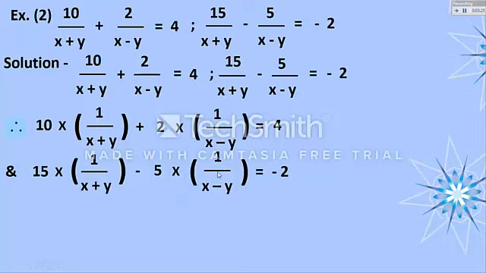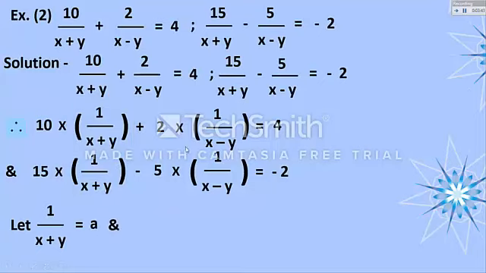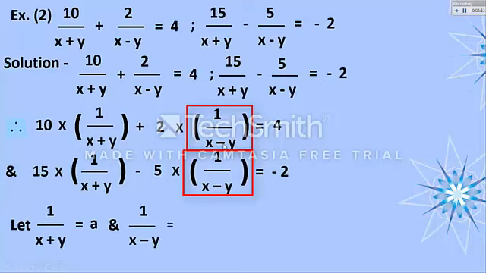For these common terms, we introduce variables. Let the first common term, 1 divided by x plus y, be the variable a, and the other common term, 1 divided by x minus y, be another variable b.